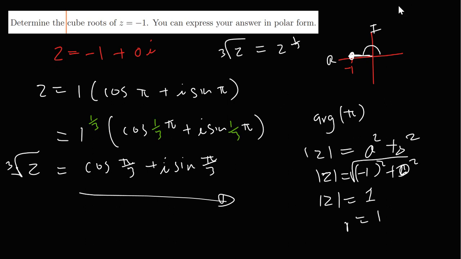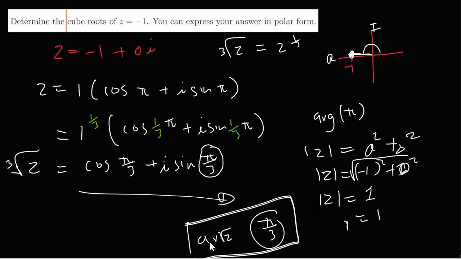So this is the solution because they wanted it in polar, right? So this is it. But to make sure that we are correct, we need to be analytic with our solution. The angle that we end up with, or the argument, is pi over 3. That is our argument of z. So these arguments happen twice. This is pi over 2.